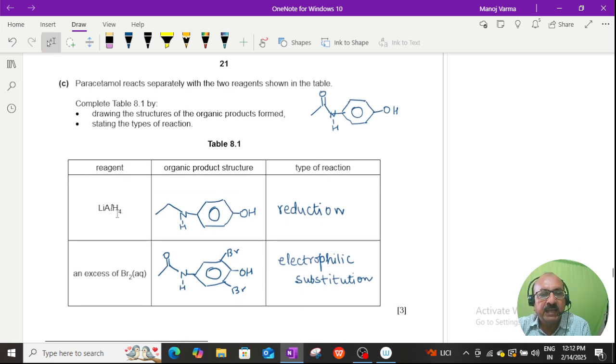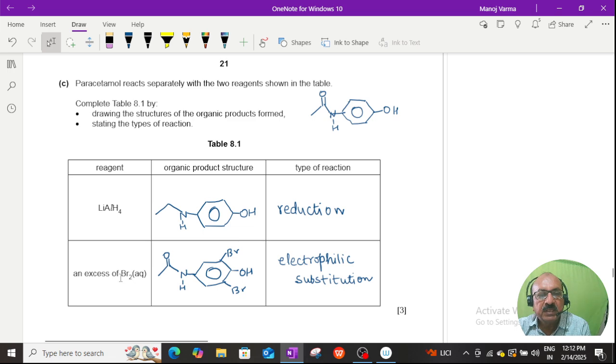As you know, LiAlH4 is a reducing agent and it reduces the carbonyl group to the CH2 group. So this is the change that will happen. Nothing will happen to the benzene ring or the OH group, and the type of reaction is reduction.